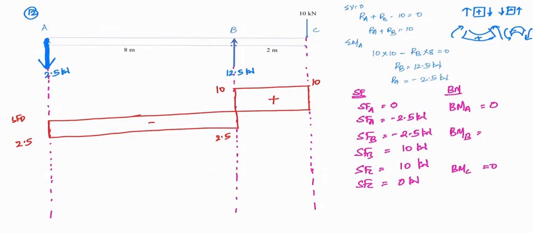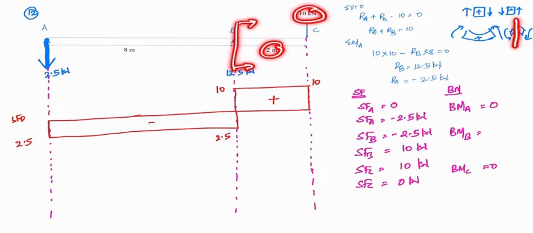So you can see here, you are standing here, there is a downward force here. This is a pure case of a hogging moment. So I can say there is a hogging moment, that is negative moment, 2.5 into 8, that is 20 kilonewton meter. A negative moment is acting at B. And if you look towards the right also, there is a 10 into 2.